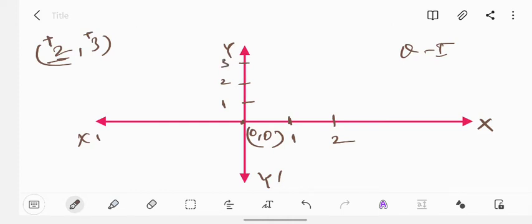To mark 2, we'll draw a perpendicular from the y-axis to mark the x-axis point 2. The y is 3 here, so this point will come right over here.